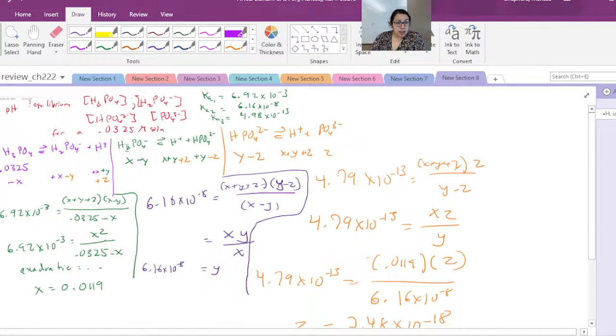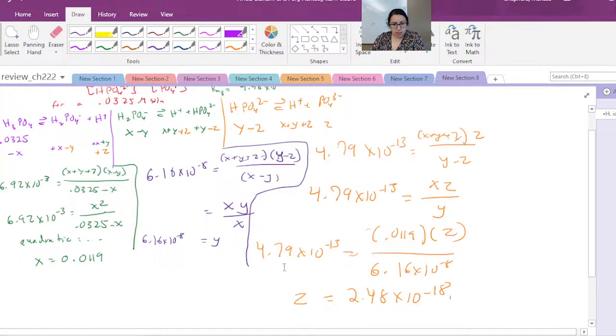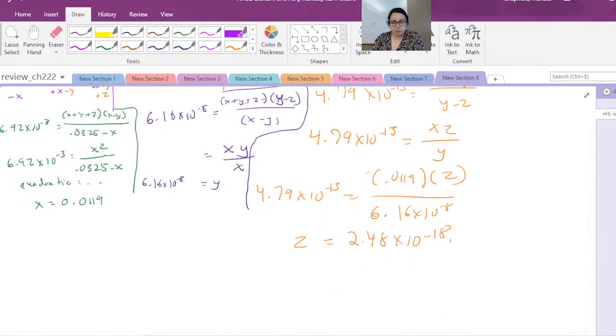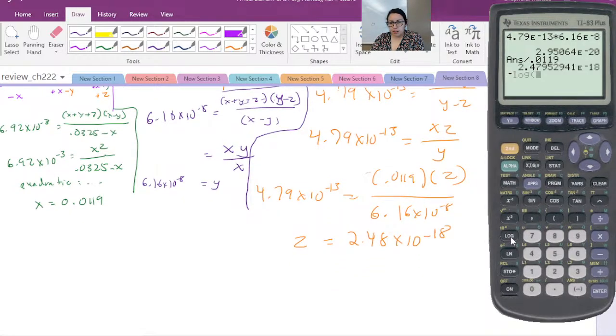Same thing with H2PO4: you can do x minus y, but that pretty much gives you x. And then you could plug in x plus y plus z at the end, although I'm assuming it gives you a pretty close pH to x anyway.